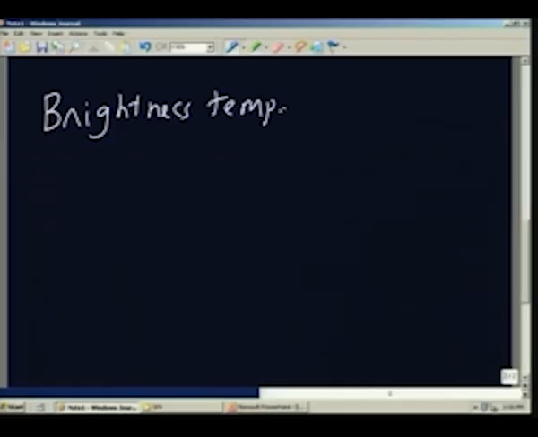It was defined in such a way that epsilon sigma Tb to the power of 4, where Tb is the brightness temperature of the object, is equal to epsilon sigma T actual to the power of 4.